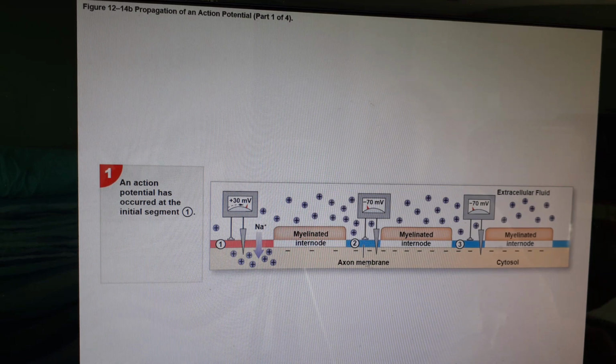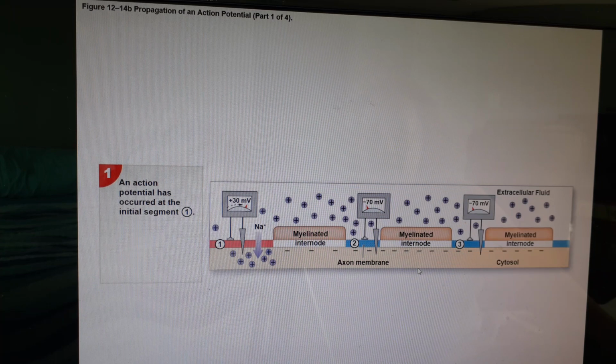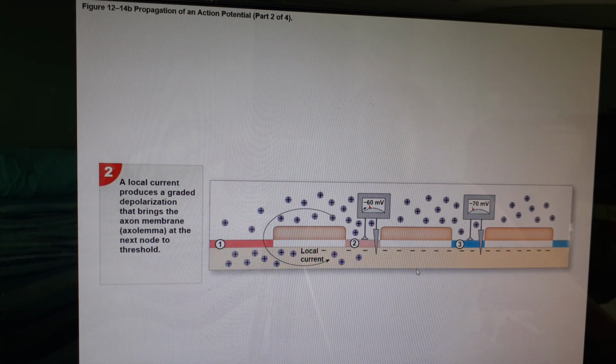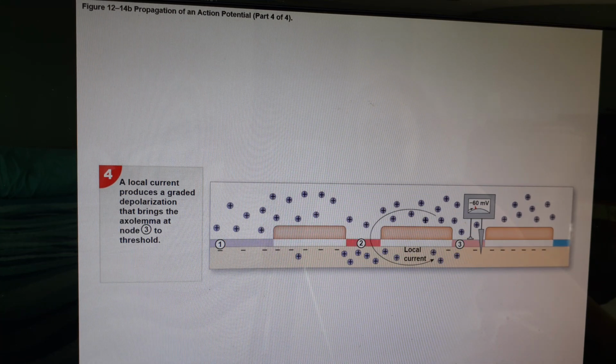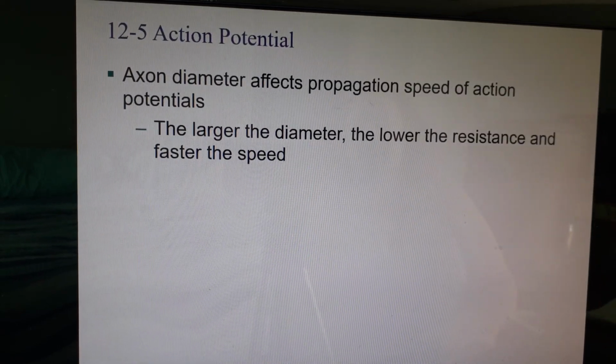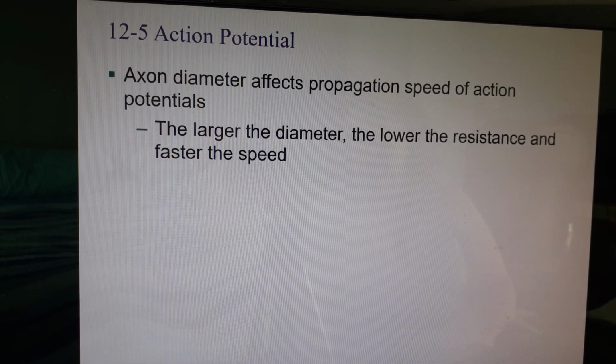So we're skipping over large swaths of the axon. This is called saltatory conduction. And then now the action potential here is going to cause the action potential there, and it moves much, much faster.